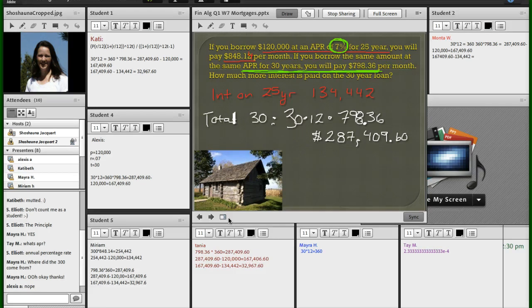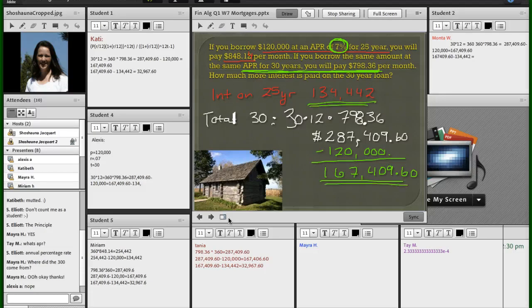And then we subtract the 120,000. And then we get $167,409.60. And so these are our two amounts, 134 and 167.